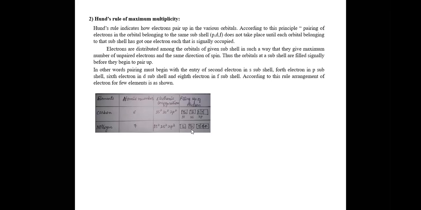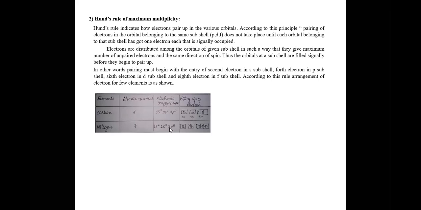Similarly in the 2s orbital, we again have 2 electrons. First write a single electron, then pair it with the other electron. First we write a single electron, then only we start pairing.